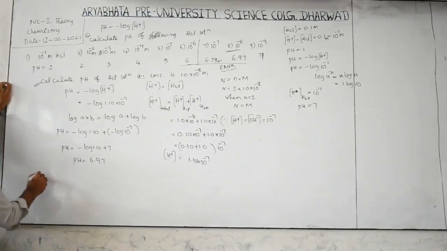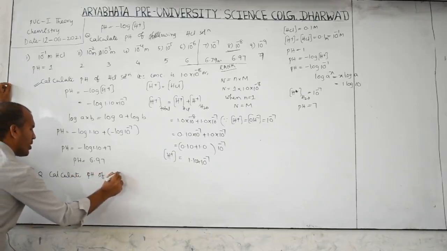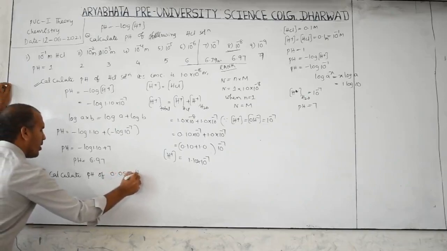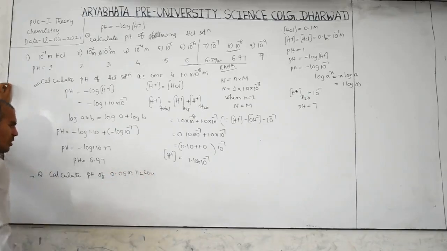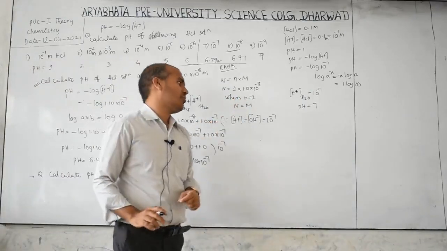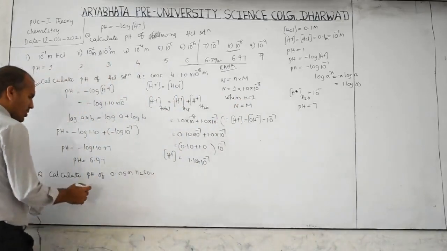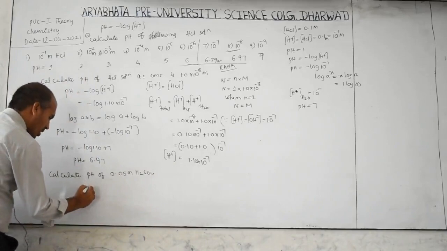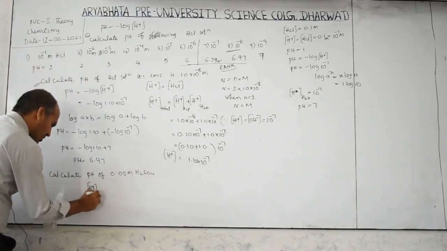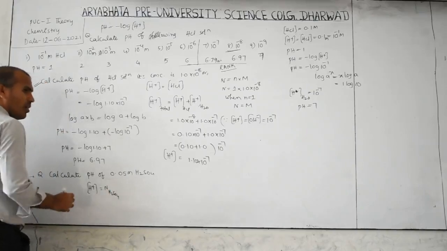Another question is, calculate the pH of 0.05 M H2SO4. Now, for HCl the N factor is 1, therefore normality is equal to molarity. Now the question is given like this. Now the H plus concentration is equal to the normality of H2SO4.